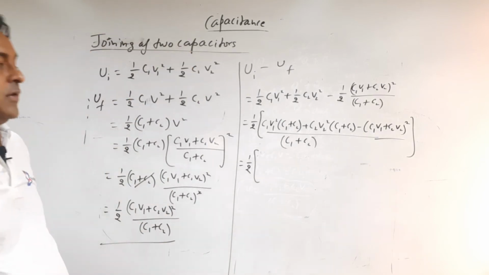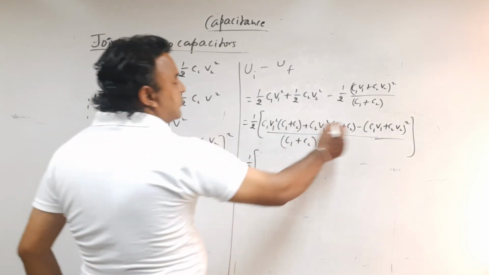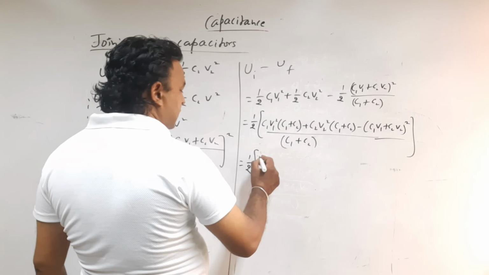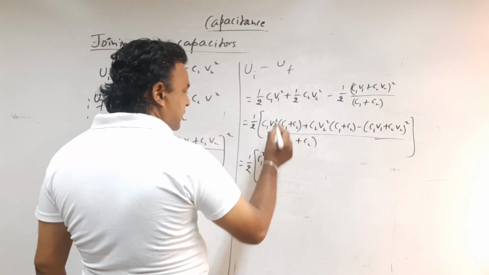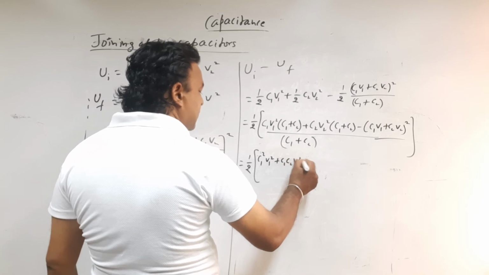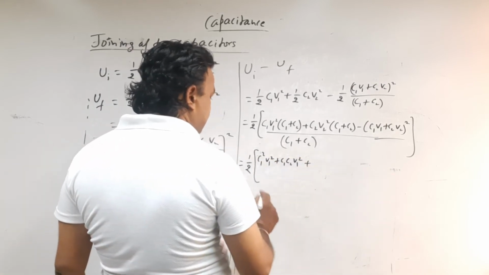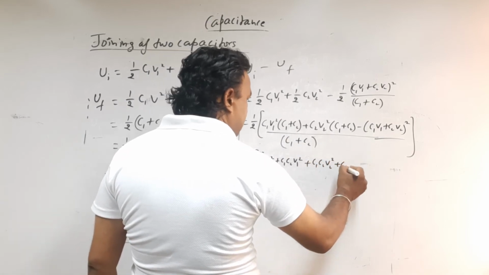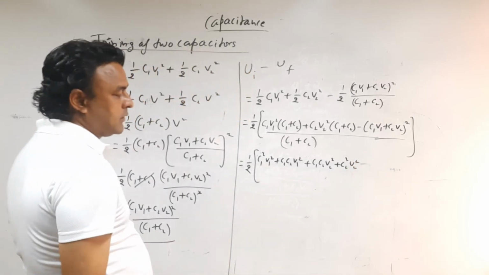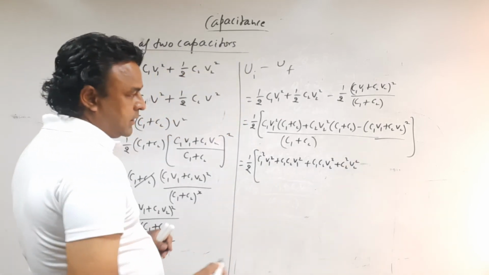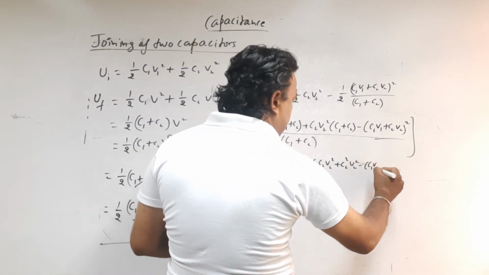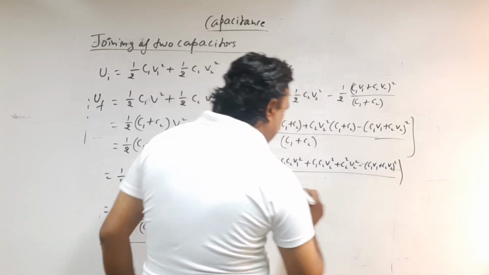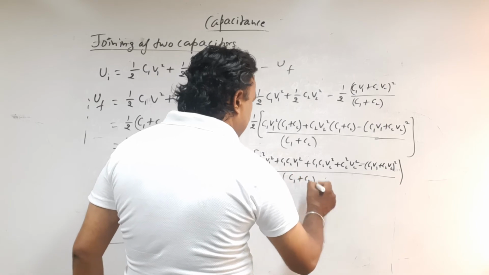If I calculate this in the numerator, I'll have, look, C1 square V1 square from this plus C1 C2 V1 square plus C1 C2 V2 square plus C2 square V2 square, and here I write minus C1 V1 plus C2 V2 whole square. Denominator is C1 plus C2.